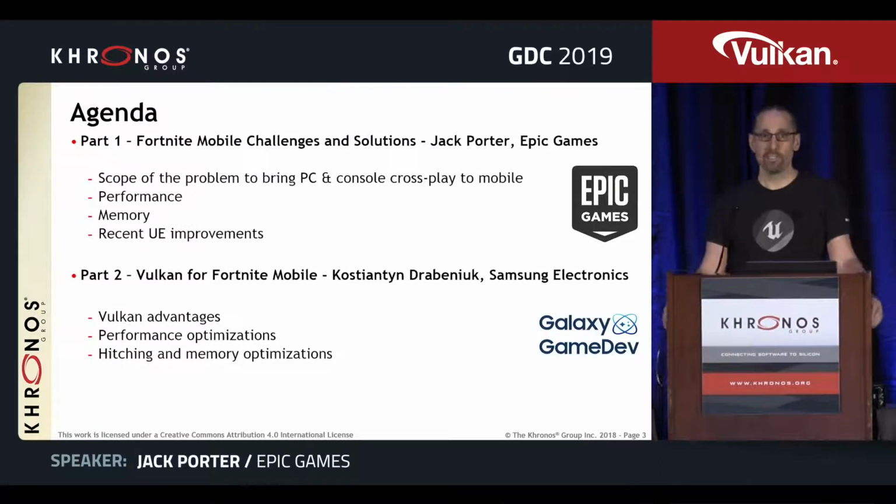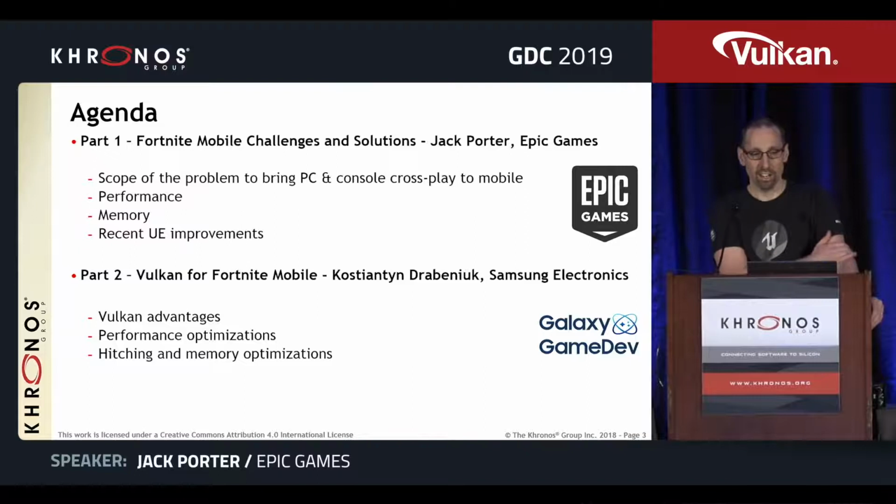In the first half of the session, I'm going to talk about the scope of the problem and why bringing Fortnite is a particularly difficult case. Bringing Fortnite to mobile is difficult compared to maybe porting other games. Specifically, I'm going to talk about performance and memory, and then some of the features and enhancements we've added to Unreal Engine recently that are improving things, especially for Vulkan.